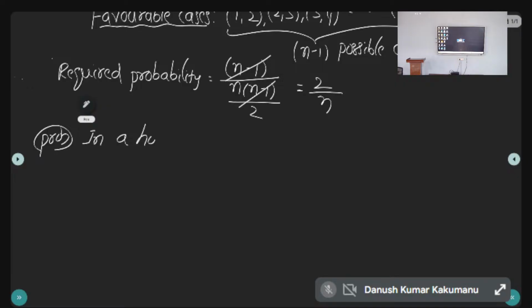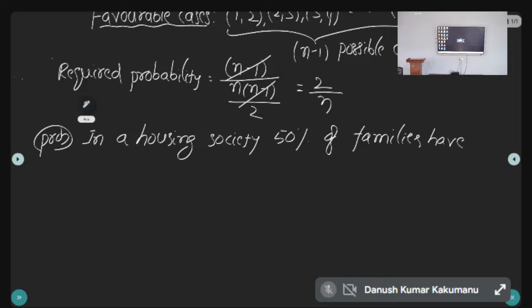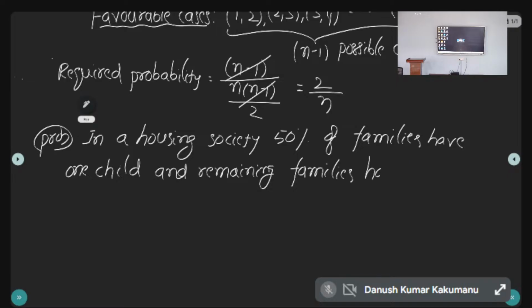In a housing society, 50% of families have one child and the remaining families have two children.